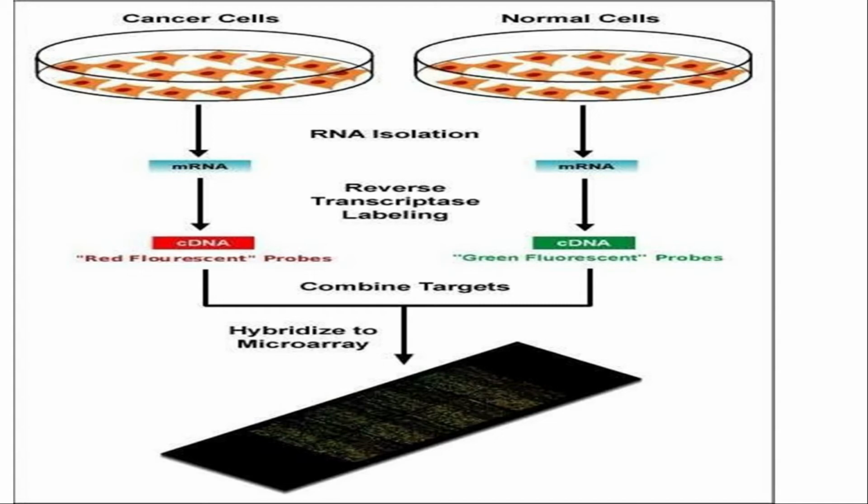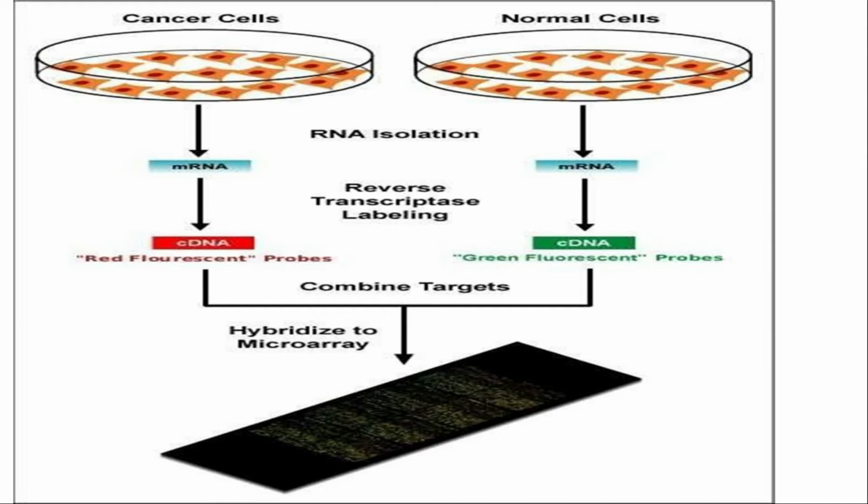This is the diagram showing how the cells are isolated, and mRNA is identified from oncogenic cells and normal cells, coded into cDNA, with isolation of cDNA from messenger RNA.